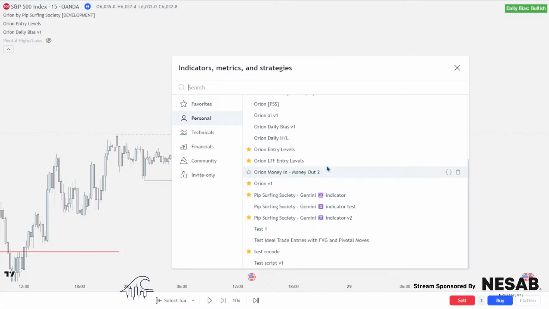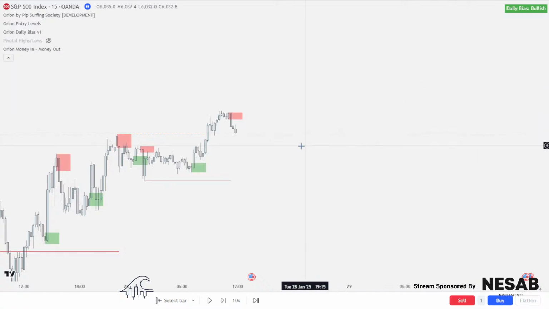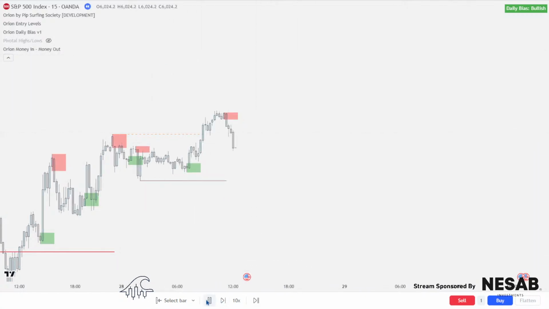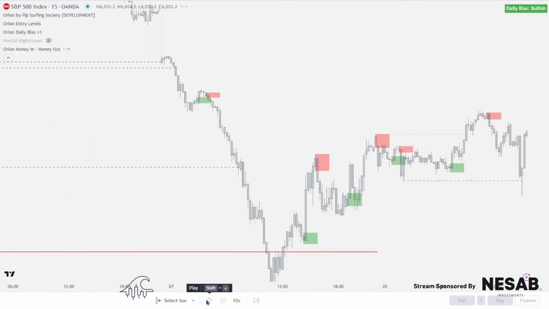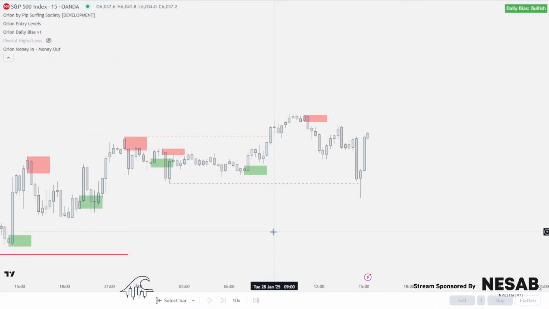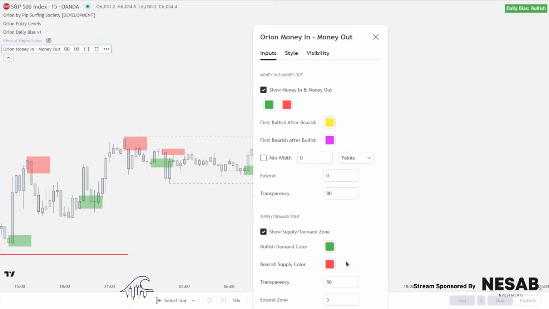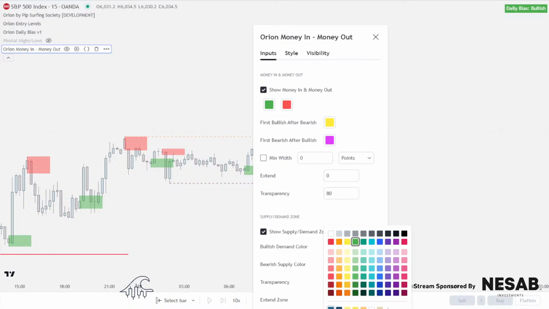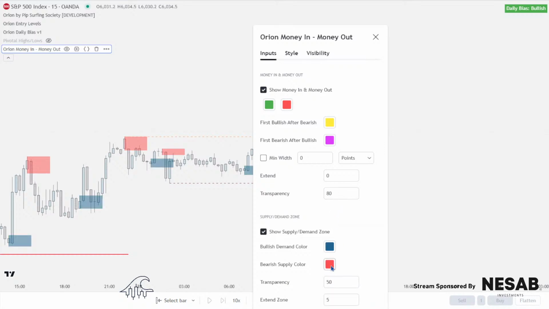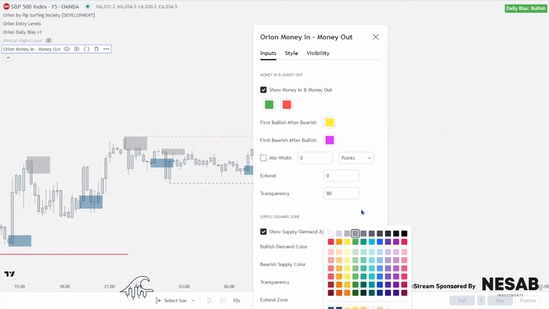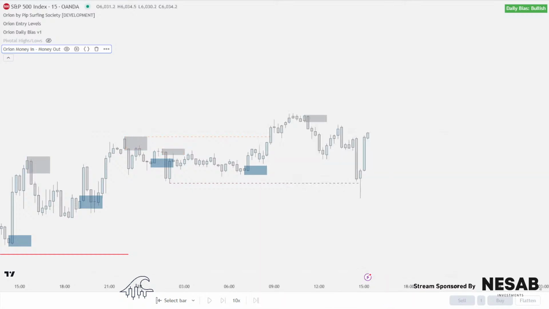Where are we? Money in, money out too? This it? Yes. I don't know why it's there. You go.